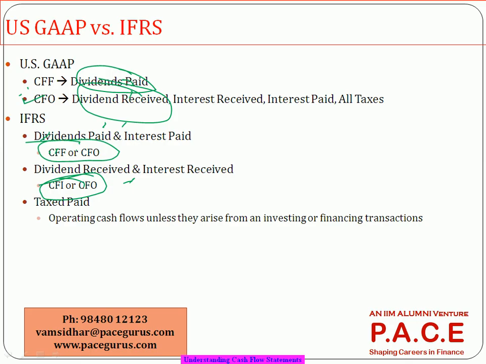But the normal business operations tax, the corporate tax, comes as part of your cash flow from operations itself. Whereas in case of US GAAP, everything is operations only. Whether it is tax because of investment activity or any other, everything goes under the cash flow from operations itself.